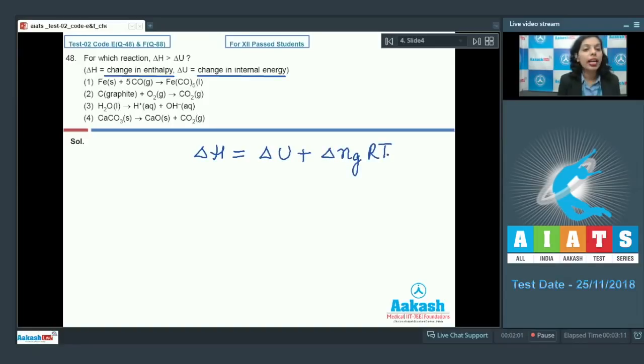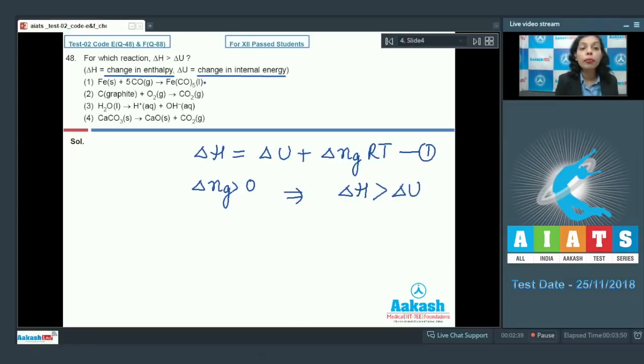This is the formula, and if you look at this given formula, you will identify that whenever this delta NG value is more than 0, then in that case only the value of this delta H greater than delta U. So this value of delta H is greater than delta U if this condition is fulfilled.